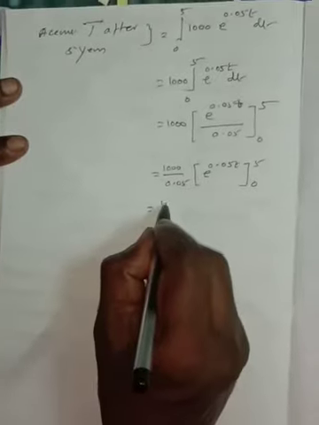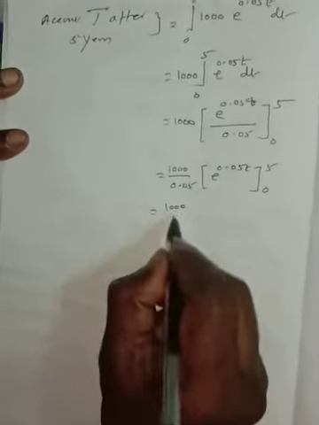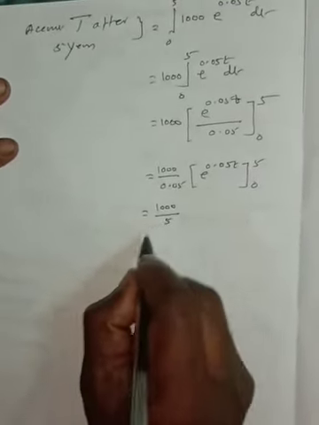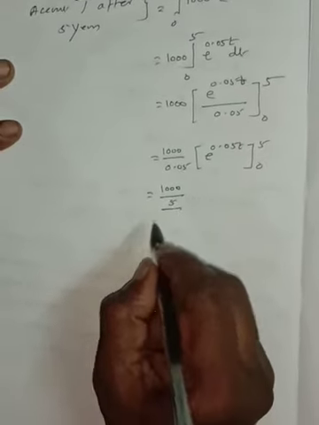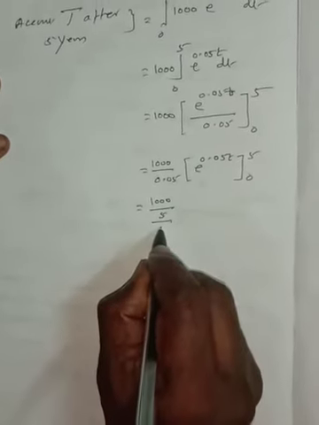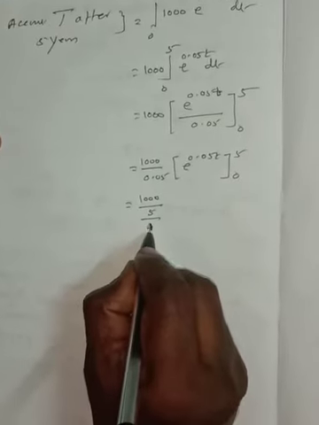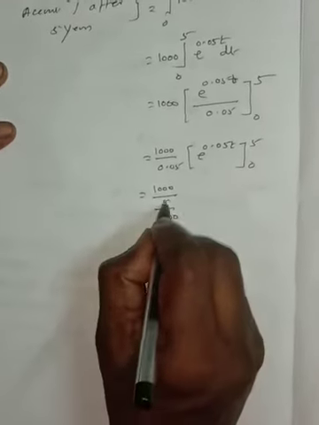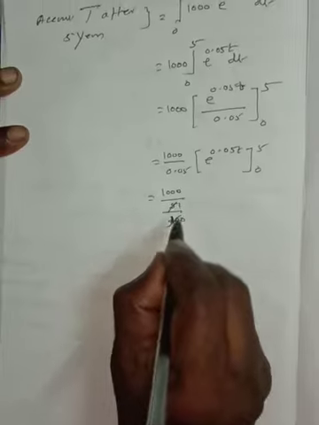This means 1000 divided by 5 by 100. This and this are cancelled, giving 1 by 20.